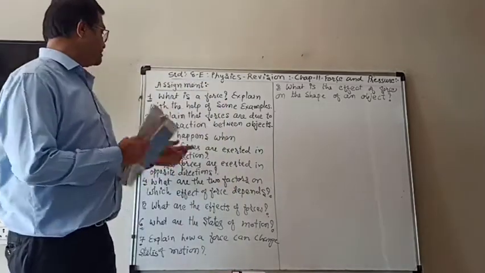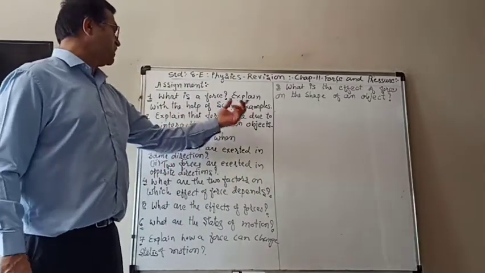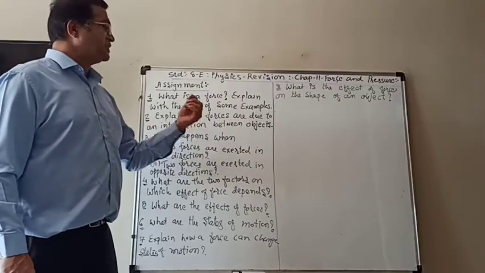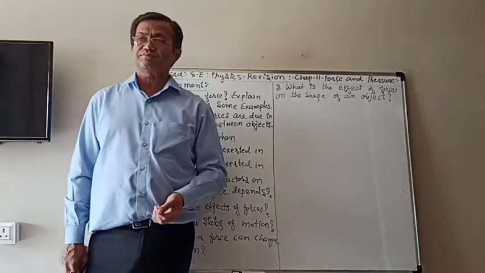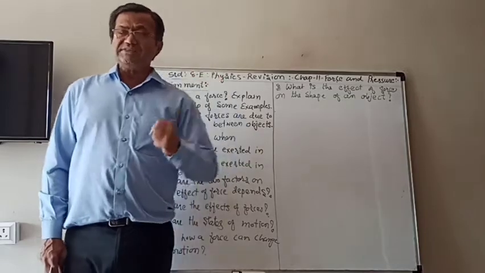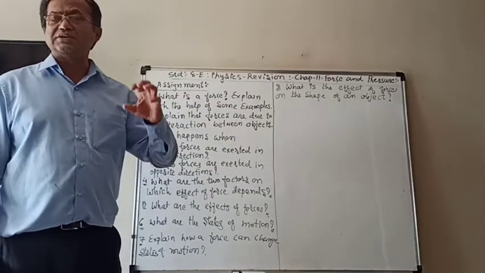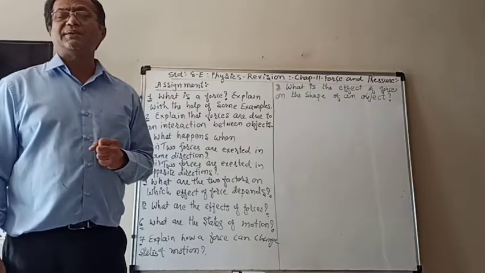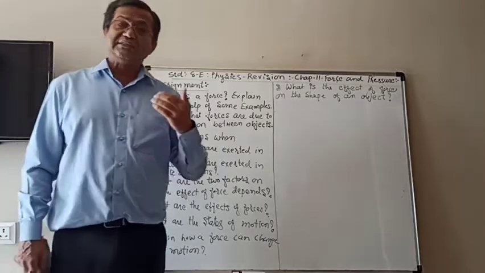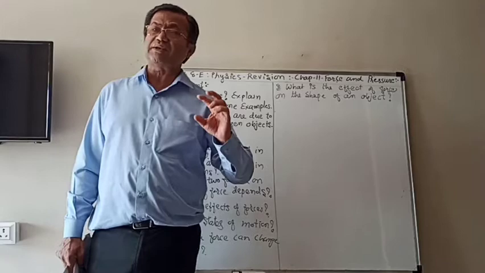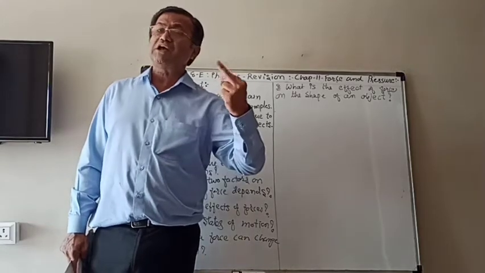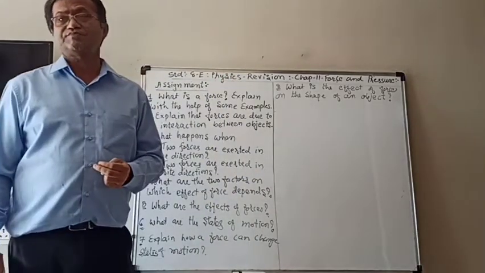The question is to explain that forces are due to an interaction between objects. It means that forces themselves cannot come into play. For that, there must be interaction at least between two objects.